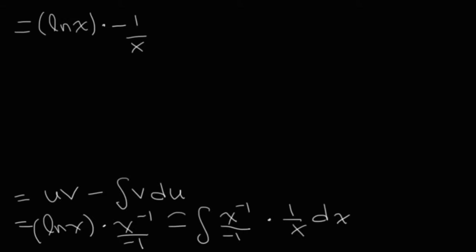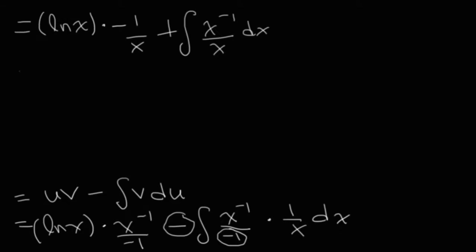Now, look at the bottom right here. There's a minus right there, and there's a minus 1 right there, so they combine to a plus. So I'm going to change that to a plus. And then I've got the x to the negative 1 times 1 over x, so the integral of, I'm going to show all the steps here. You can just skip through if you don't need to see the steps.